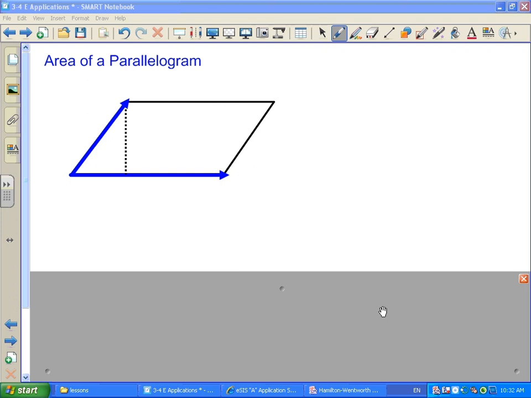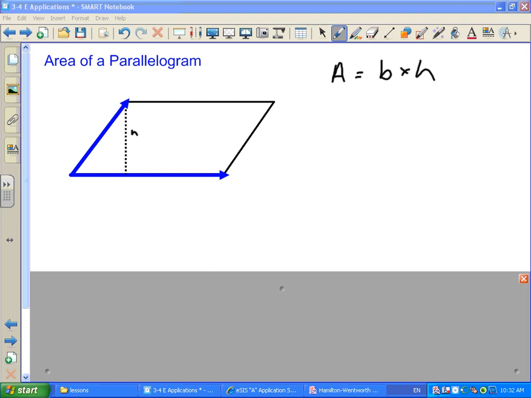All right, so another application here of the cross product is to find the area of a parallelogram. Now, if you think way back to grade 9, you probably did area of a parallelogram, and they told you that the area was base times height, where they gave you some number that represented the length of the base, some number that represented the height of your parallelogram.